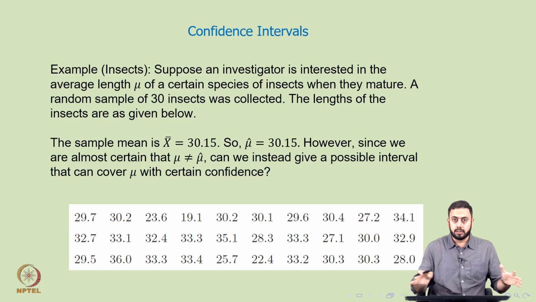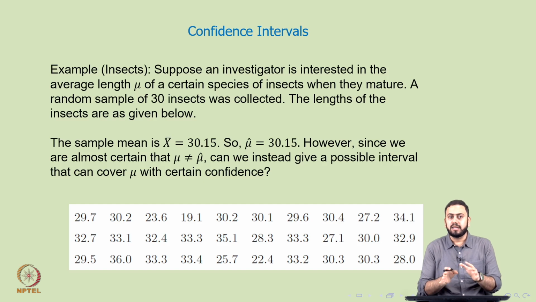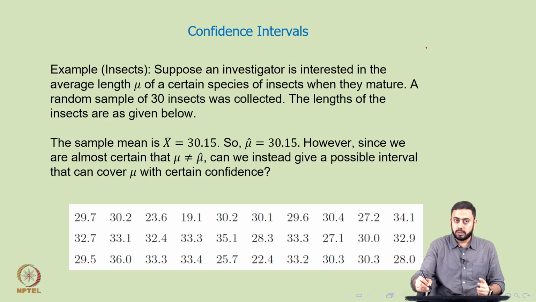If you have a set of data, each and every xi in the data set is the length of a certain species of insects when they mature. The investigator is interested in having a rough idea about the average length, so the entire problem revolves around estimating the mean mu.